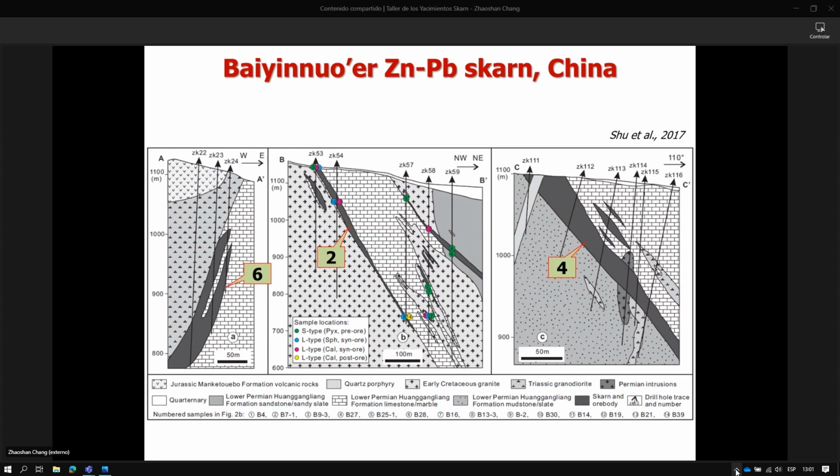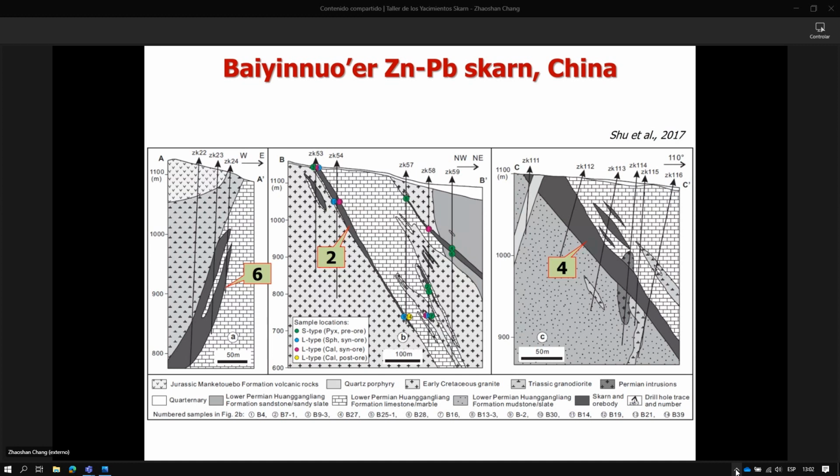And it turns out, after a lot of analysis, that one of my previous PhD students used light isotopes to figure out whether the skarn is related to the older intrusion or this younger intrusion. The age difference is not 2 million or 3 million years. This is a 50 million year difference between the two intrusions. It turns out the light isotopes show the skarn is related to this intrusion.